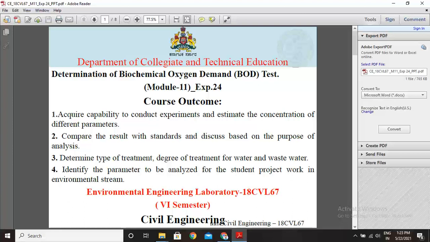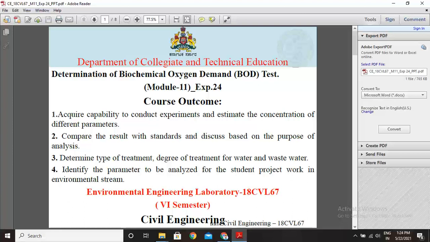there are 4 outcomes prepared here. Which are those 4 outcomes, I will explain here. First one is to acquire capability to conduct experiments and estimate the concentration of different parameters. Second course outcome is to compare the result with the standards and discuss based on the purpose of analysis.